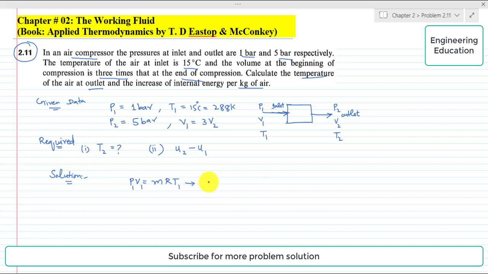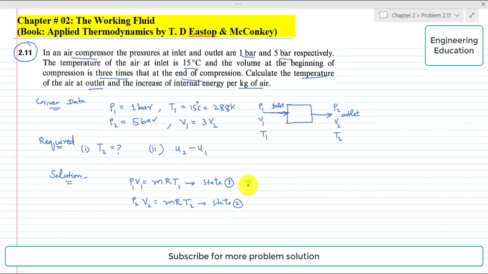Also, we can write for state 2: P2 V2 is equal to mRT2. So this is for state 2 or outlet of the compressor.